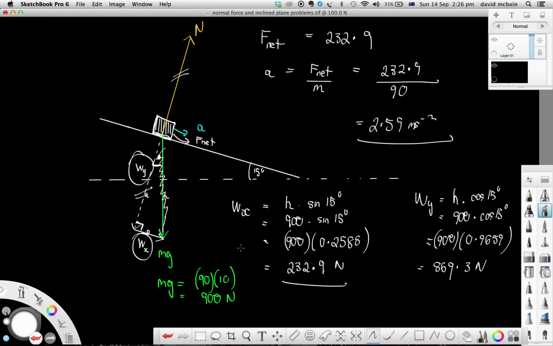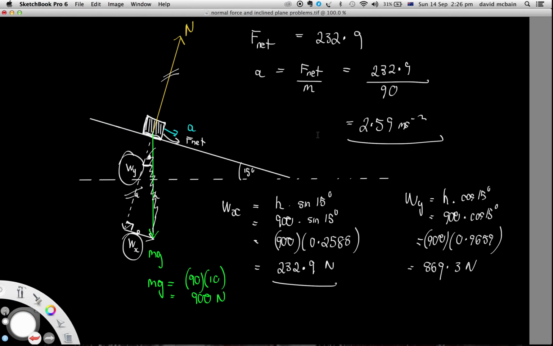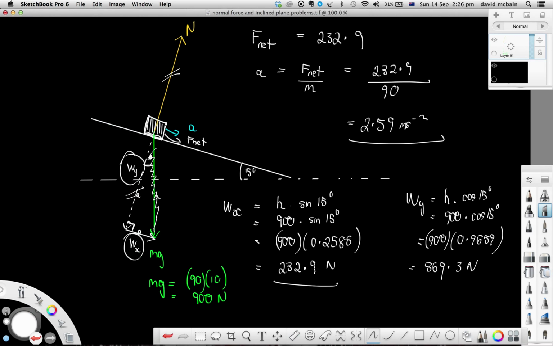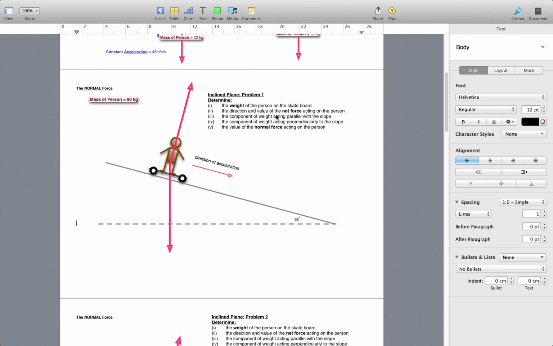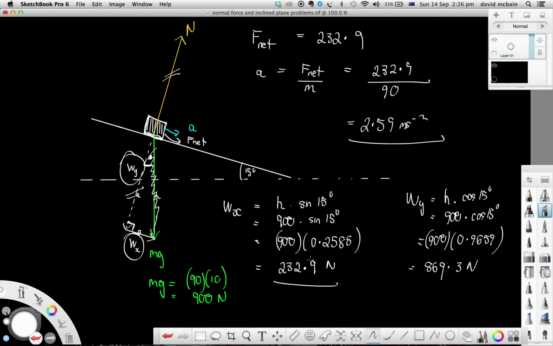So let's just go over the questions, make sure we've answered them all. The weight of the person, we've answered. The direction and value of the net force, we've just worked that out. It was 232.9 newtons down the ramp. The component of the weight force acting parallel to the slope, well, we worked that out, and that's this value for Wx, which was 232.9.